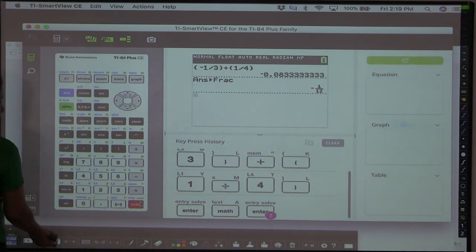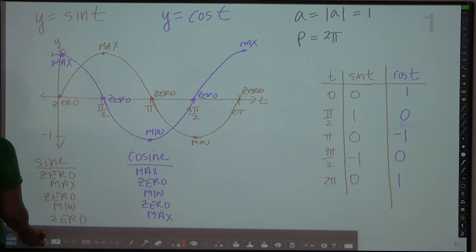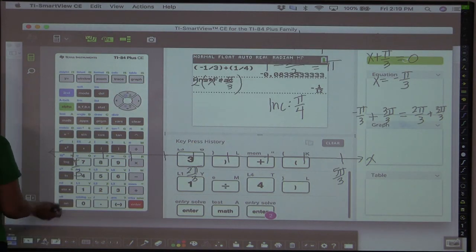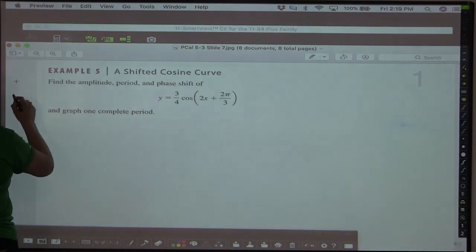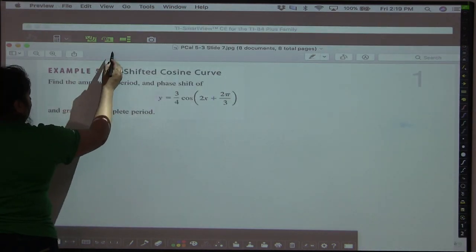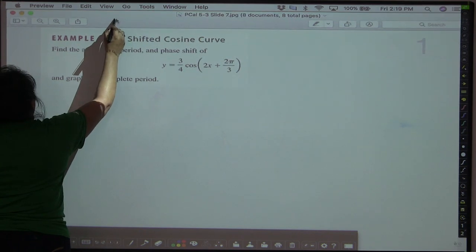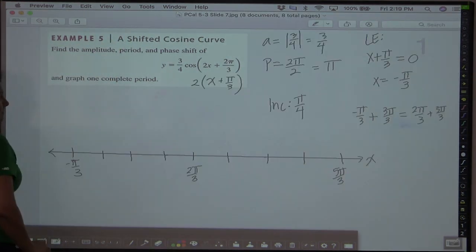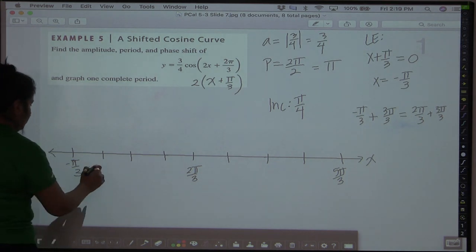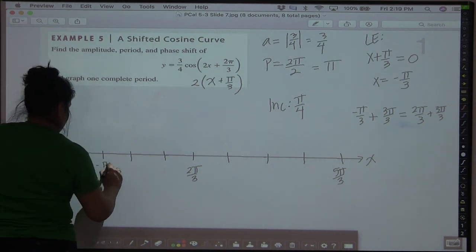That means that this number right here is negative pi over 12.